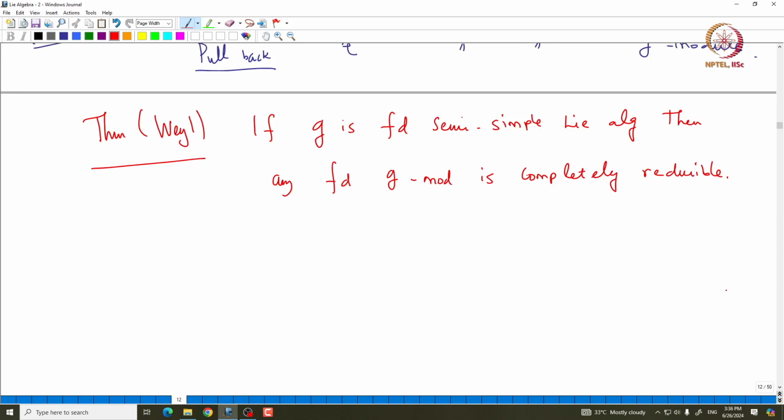Of course, Weyl's original proof uses some analysis coming from the study of Lie groups, but here we will be seeing an algebraic proof, and I will prove this result only for SLN.